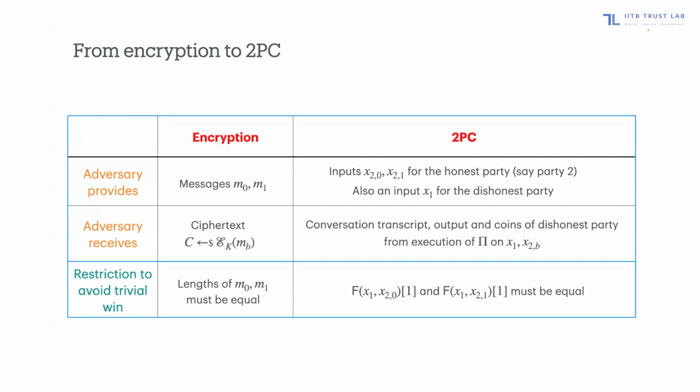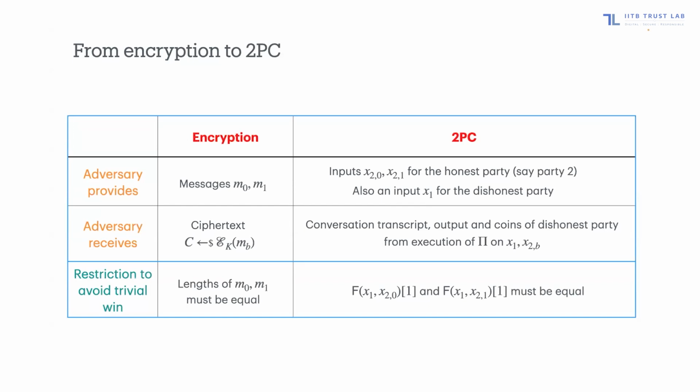One thing that I did not mention in the last slide is there is an inherent assumption in the game saying the length of the messages should be the same, otherwise we have a trivial win for the adversary. A similar test is needed in the two-party computation game as well.